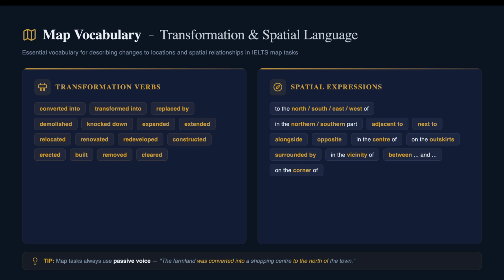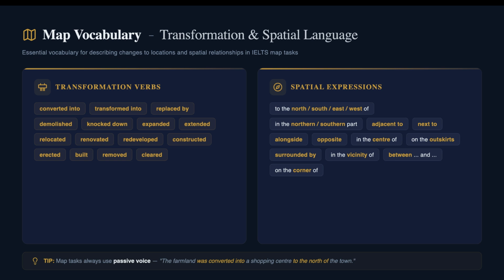The first group is transformation verbs or lexical resources. So we have converted into, transformed into, replaced by, demolished, knocked down, expanded, extended, relocated, renovated, redeveloped, constructed, erected, built, removed, cleared.